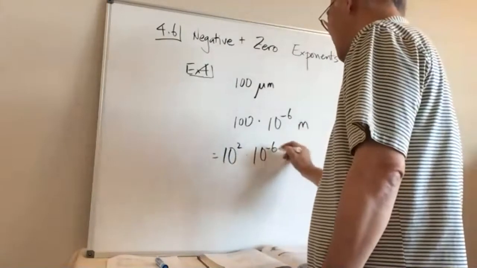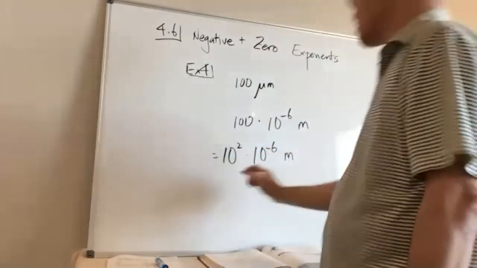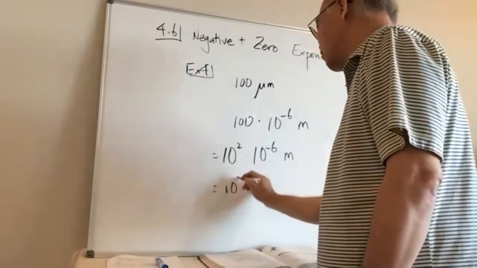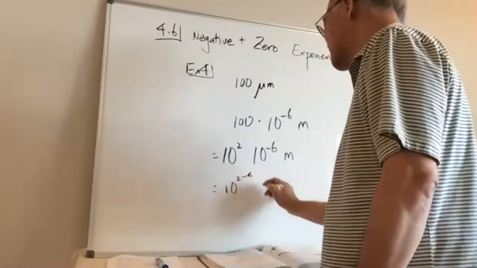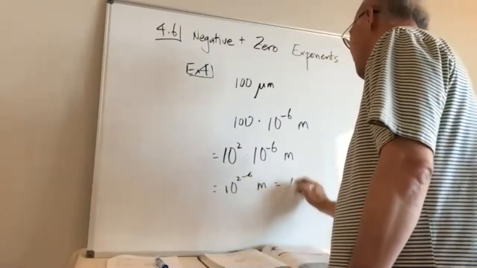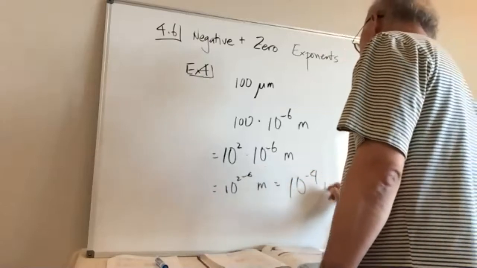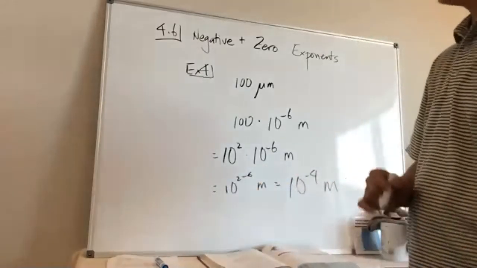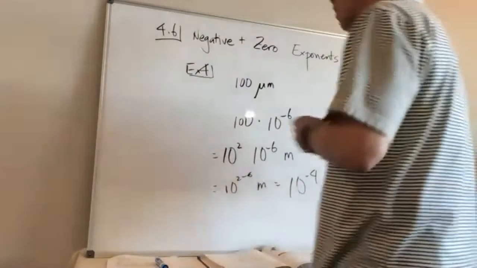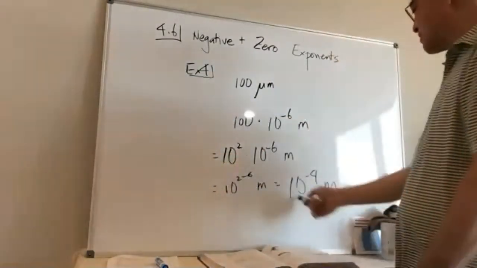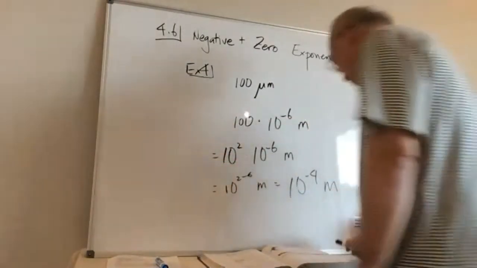And 10 to the negative 6. So if I do this together, I get 10 to the 2 minus 6 meters. So this is going to be 10 to the negative 4th meter. So 1 hair is 10 to the negative 4th meters long.